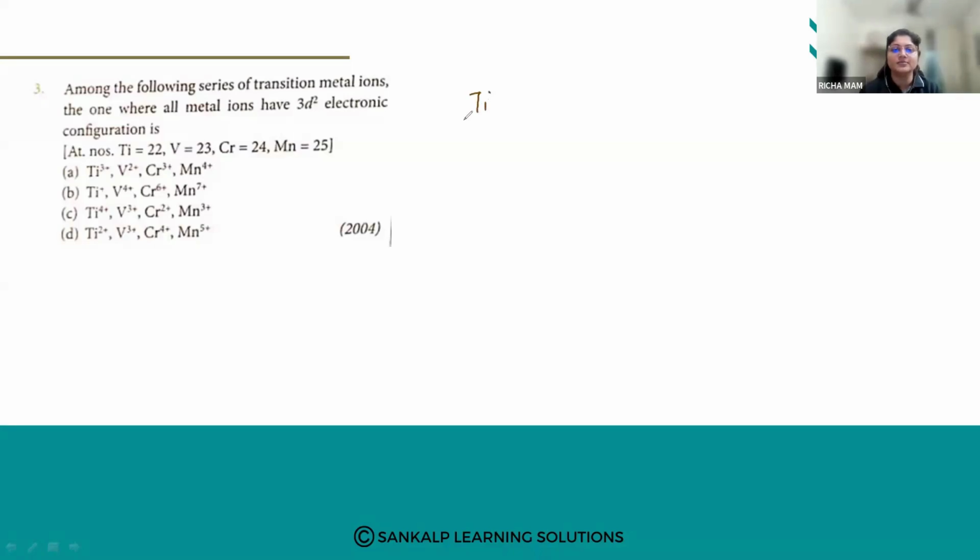Titanium is 22, so it will be argon 3d2 4s2. Then titanium plus 2 means it will be 3d2. Similarly do for others. Next is vanadium plus 2.